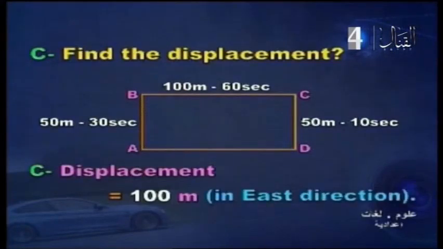And of course in the east direction, or from A to D. Don't forget, in displacement we must write the magnitude, which is 100 here, and the direction, east, because displacement is a vector quantity that needs magnitude and direction.